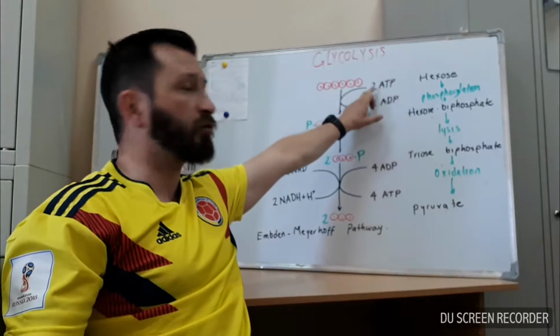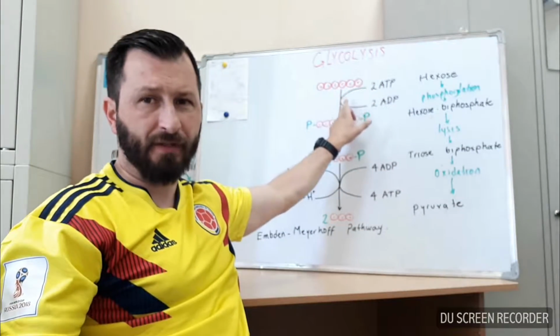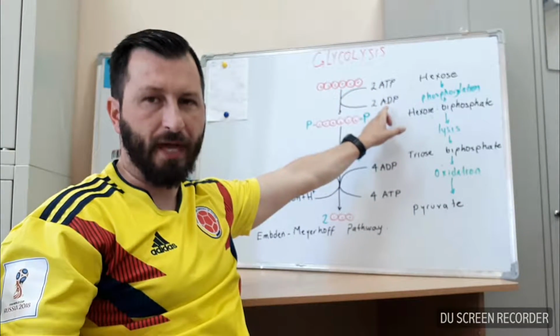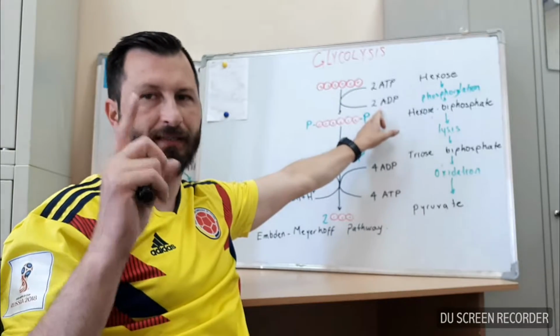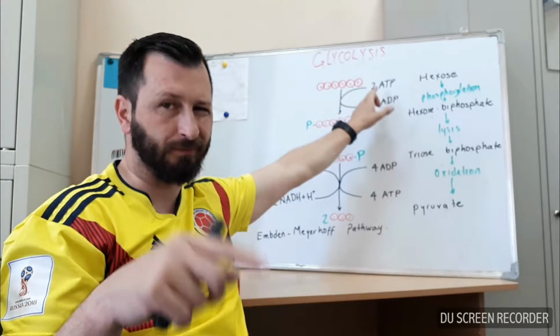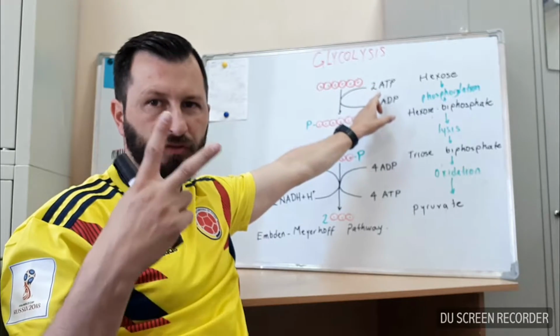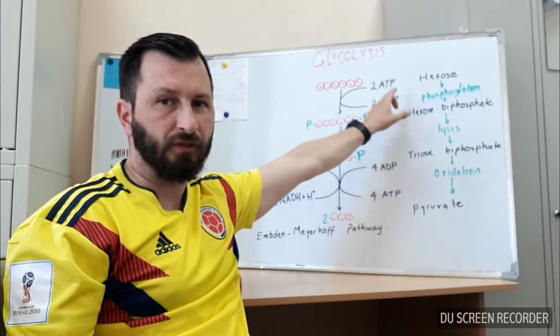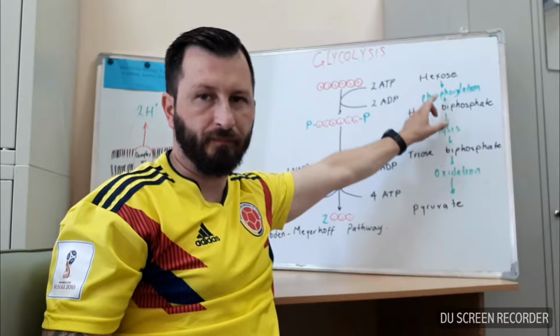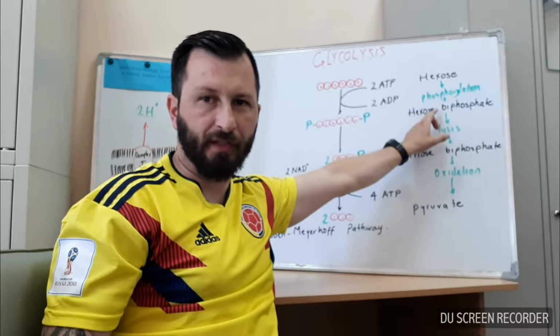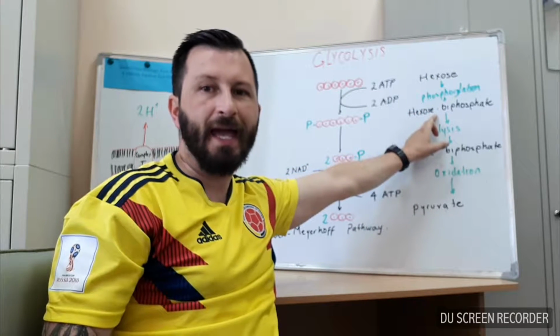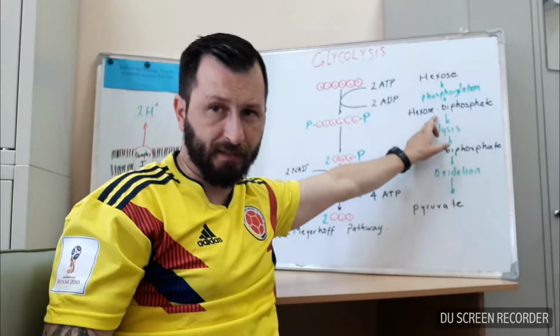So we take 2 ATPs, activate the reaction. Now we have 2 ADPs, adenosine diphosphate. This is important. You go from ATP 3 to ADP 2. You got it? So that hexose has been phosphorylated, and now I have hexose biphosphate.